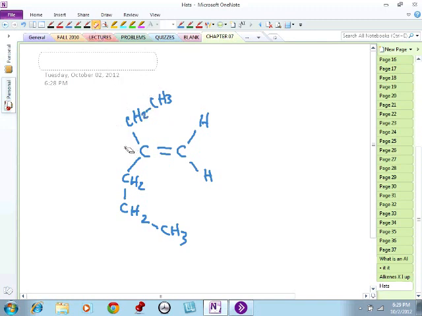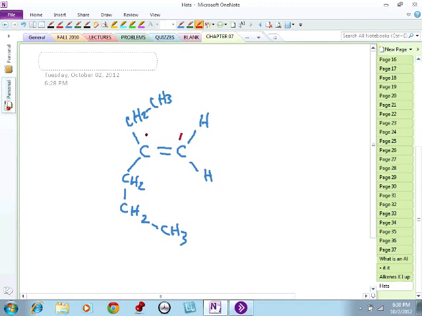So keep in mind, when you look for the longest carbon chain, you have to include the carbon-carbon double bond. So in this case, the longest carbon chain starts from here. Also, you have to give the numbers so that the carbon-carbon double bond is assigned the lowest possible number.